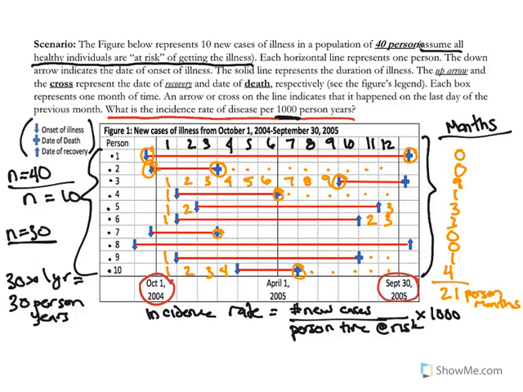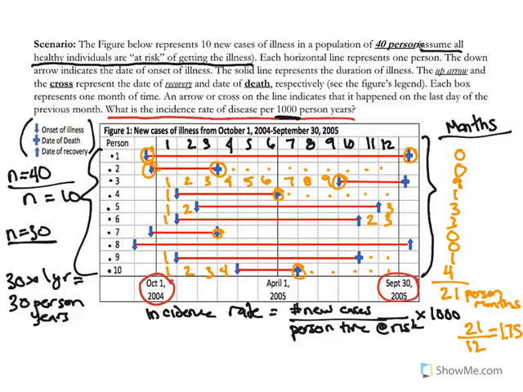So to come up with the number of person years from that 21 person months, we divide 21 divided by 12 because there are 12 months in a year. So if we do 21 and we divide that by 12, we're going to come up with 1.75. And that's 1.75 person years contributed by the 10 people who are represented in this figure.